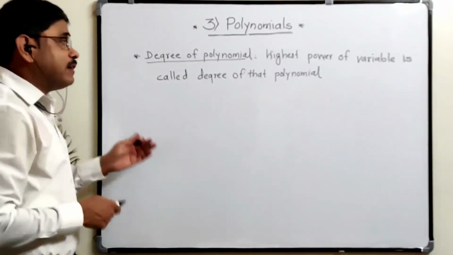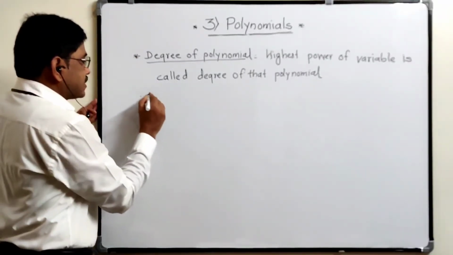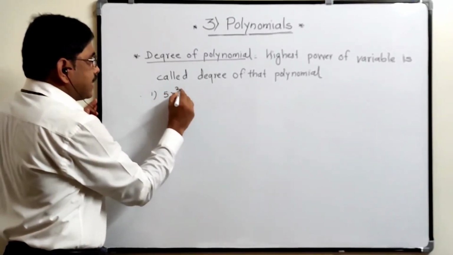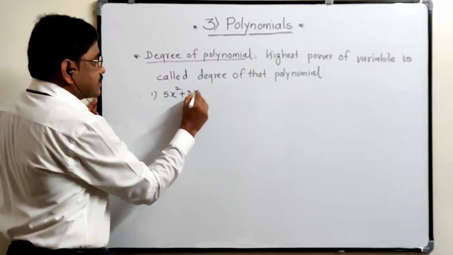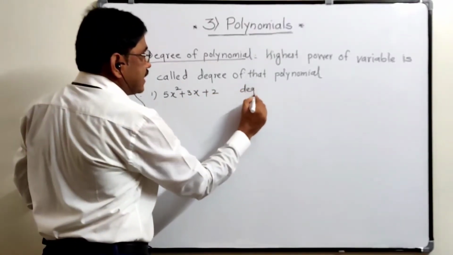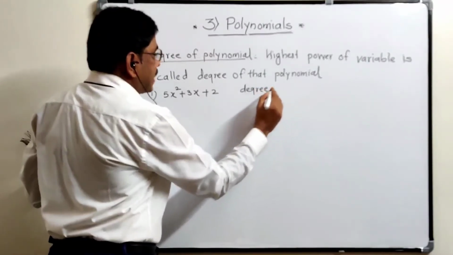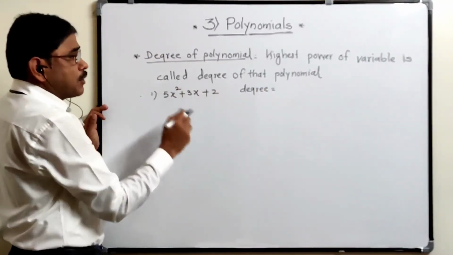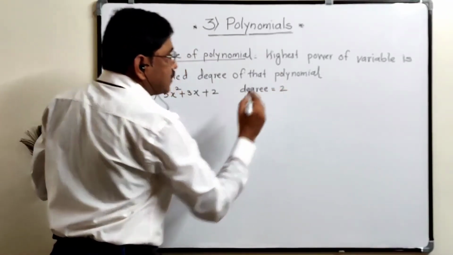So if single variable, for example, this first example, 5x square plus 3x plus 2, this is an example. So what is the degree? The highest power of the variable. Here power is 0, here power is 1, here power is 2. So degree is 2.